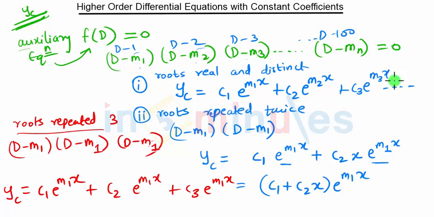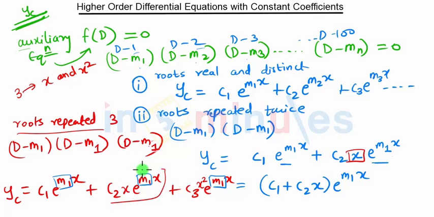Since m1 is repeated thrice, when it was repeated twice we multiplied by x. Now, we multiply by x in one term and by x square in another term. So if the roots are repeated thrice, we multiply by x and x square in two terms.